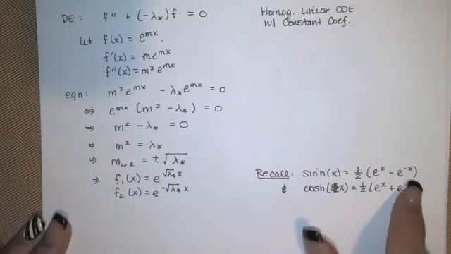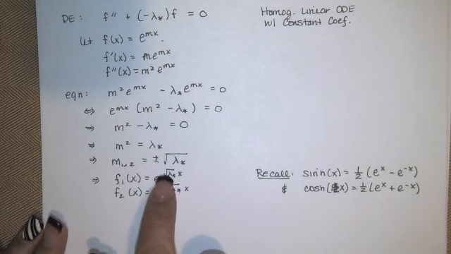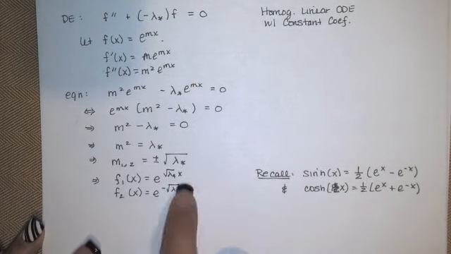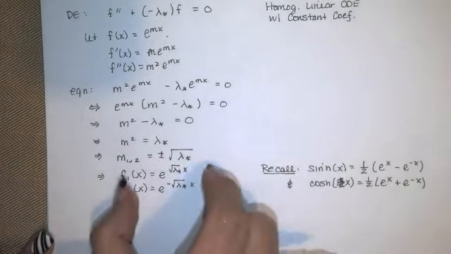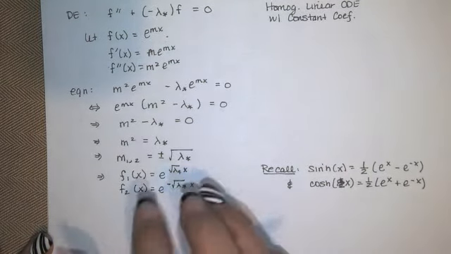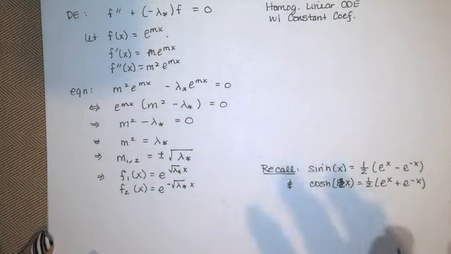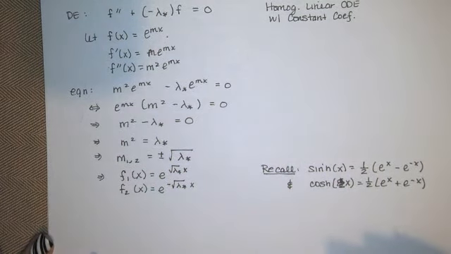Now, notice that those are just combinations of these two functions, but instead of an x, I've got a square root of lambda sub star times x for here, here, and here. So if I wanted to, instead of using these two functions as my two linearly independent solutions of the differential equation, I could come up with two different linearly independent solutions involving the hyperbolic sine and hyperbolic cosine functions.